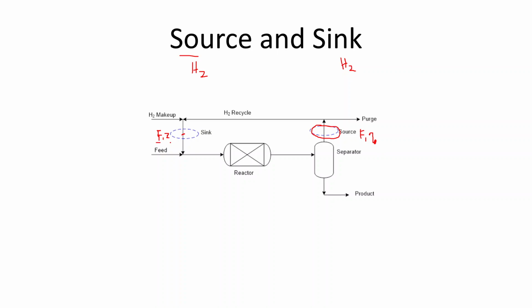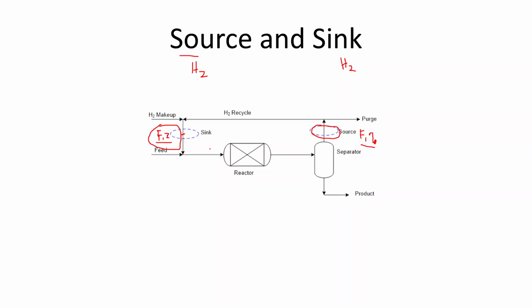This is the data that we need to obtain from the plant, and that we need to supply into the reactor, not the conditions of the hydrogen makeup or recycle.